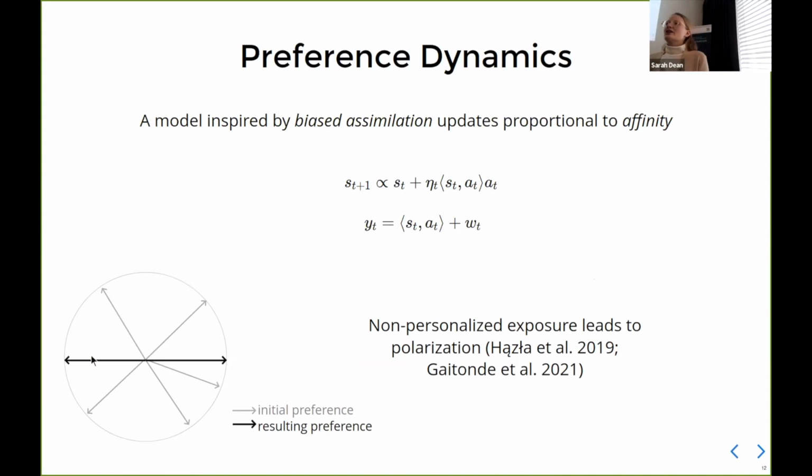In particular, they study a model where there's a population of users following these dynamics, but where the actions A are generated randomly, but are the same for every user in the population, right? So identical stimulus for everybody, but generated randomly. And they show that this leads almost surely to polarization, which is where, let's say, a population has initial preferences in all different sorts of directions, or in this work, it was initial opinions.